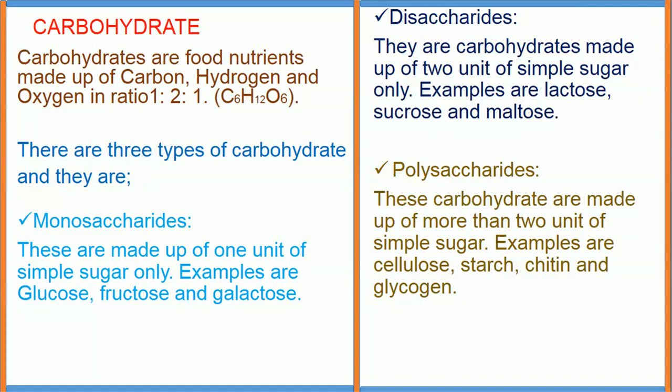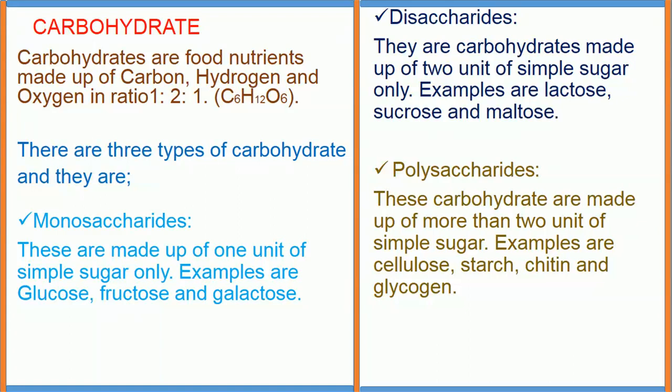Now monosaccharides, these are made up of 1 unit of simple sugar only. Examples are glucose, fructose, and galactose. The meaning is that when carbohydrates get digested, the simplest form they can digest to is glucose, fructose, or galactose.